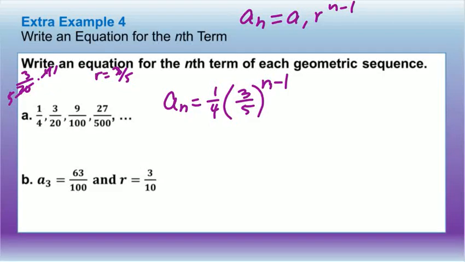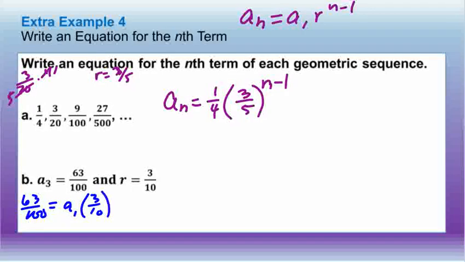Next one, I'm given the third term, so that's 63 over 100 equals a subscript 1 times the common ratio of 3/10 raised to the 3 minus 1 power. So 3/10 squared would give us 9/100ths. So I have 63 over 100 equals a subscript 1 times 9 over 100.